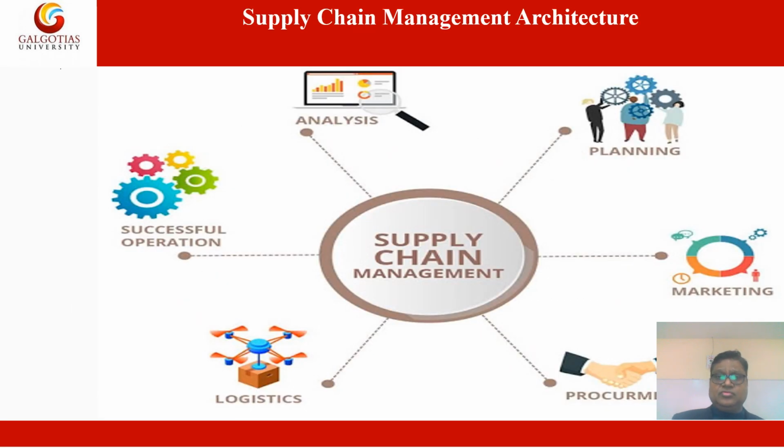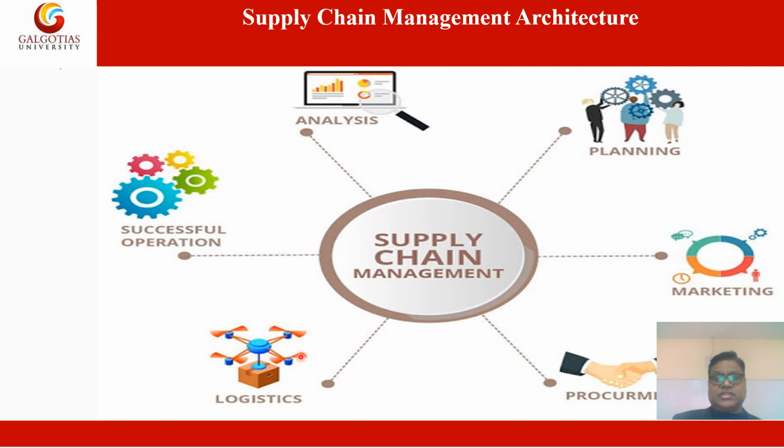When we go further into what supply chain management is all about, we have done this earlier, but for your understanding we are going to remind you of the basic objective of supply chain management: to have the internal logistics.